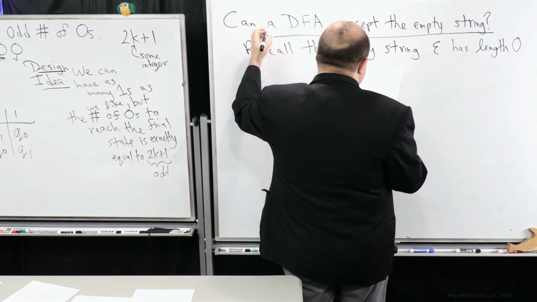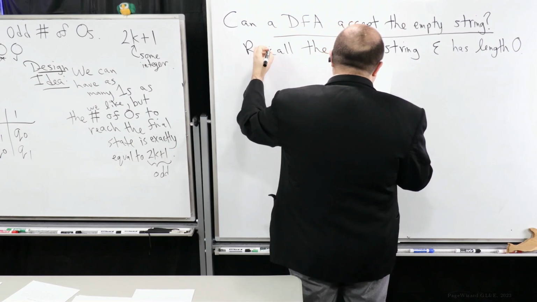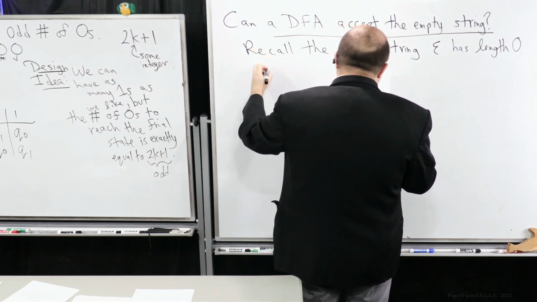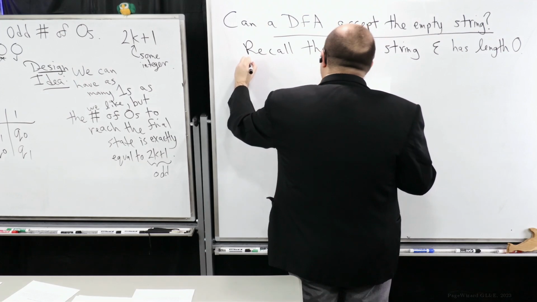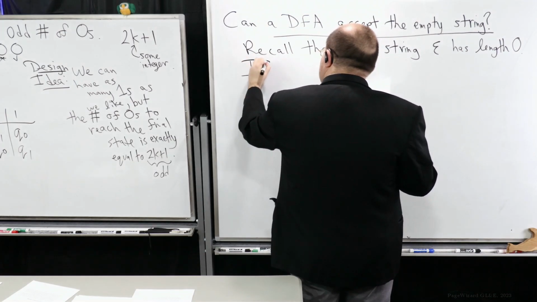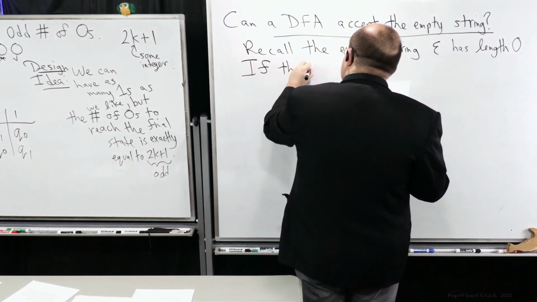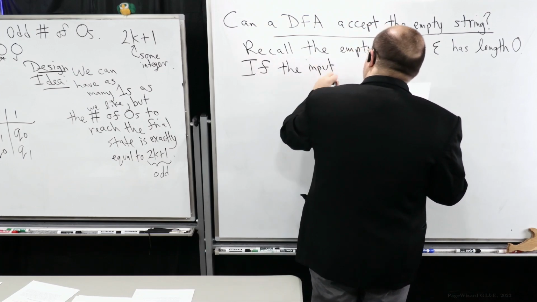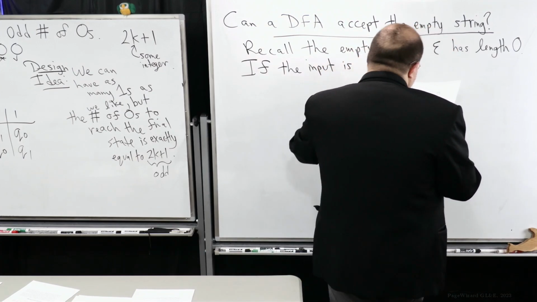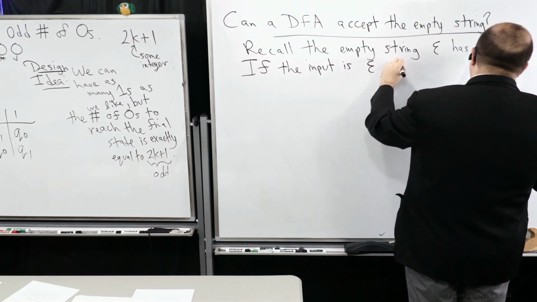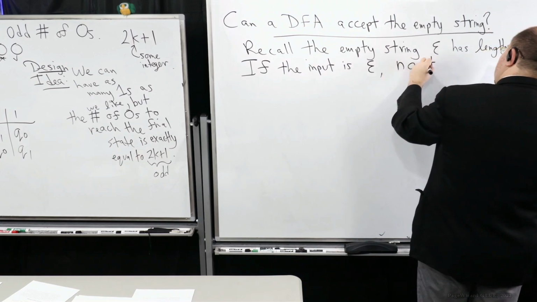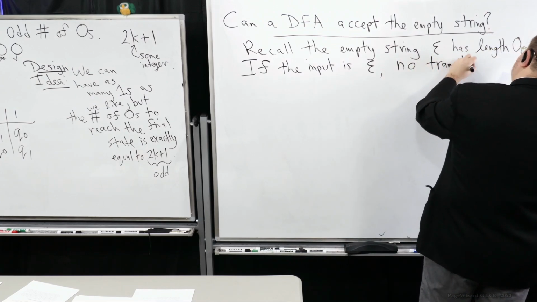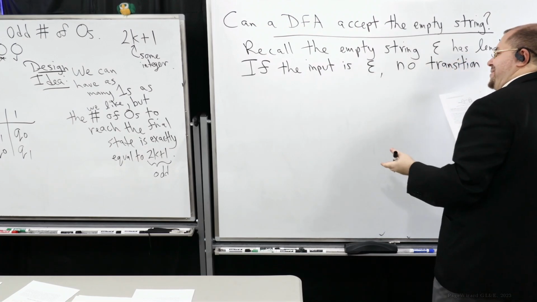So what's it do? So no transitions will occur because there's no symbols to read, right?